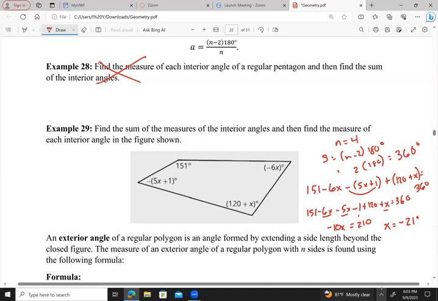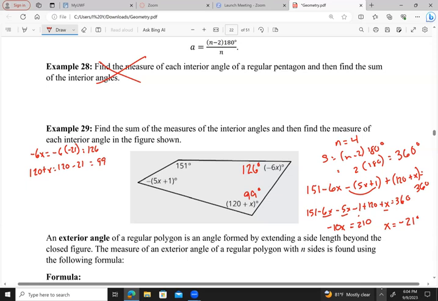So this 6x equals negative 6 times negative 21, which is positive 126. 126 degrees. 120 plus x equals 120 minus 21, which is 99. 99 degrees.